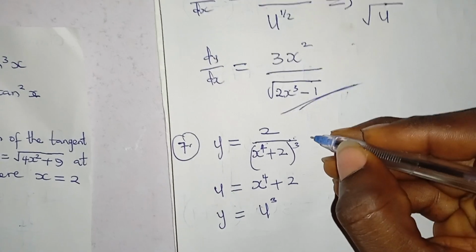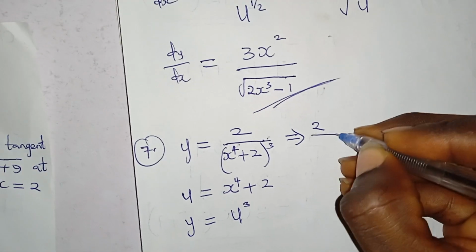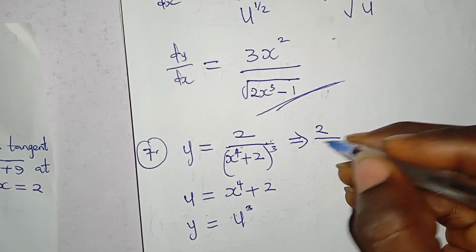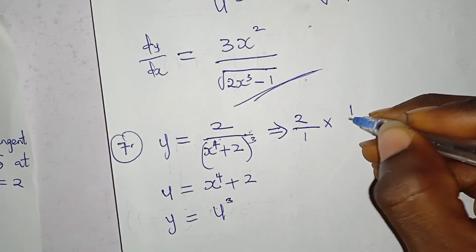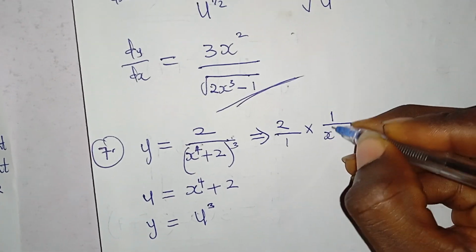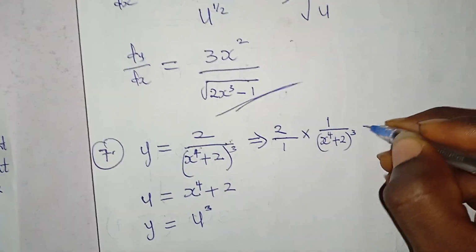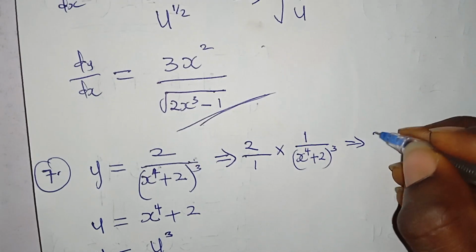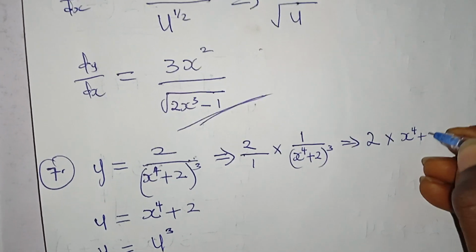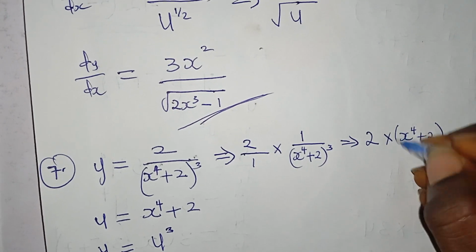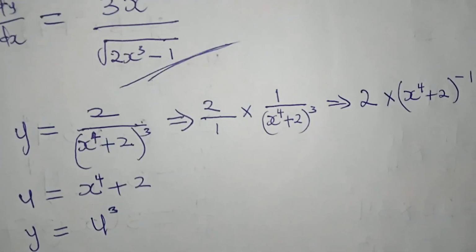So first of all, you need to know that this is the same as 2 over 1 times 1 over x to the 4 plus 2, cubed. And this is the same as 2 times x to the 4 plus 2 raised to the power minus 1 is the same thing.